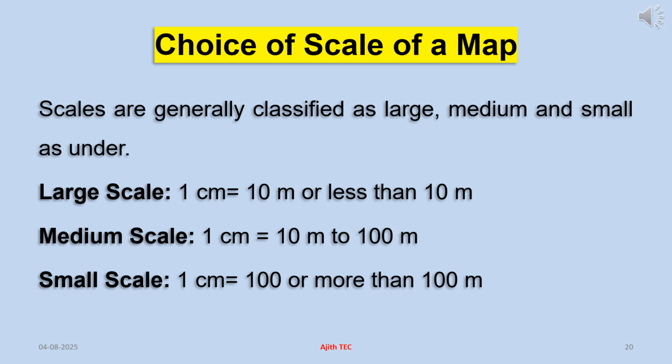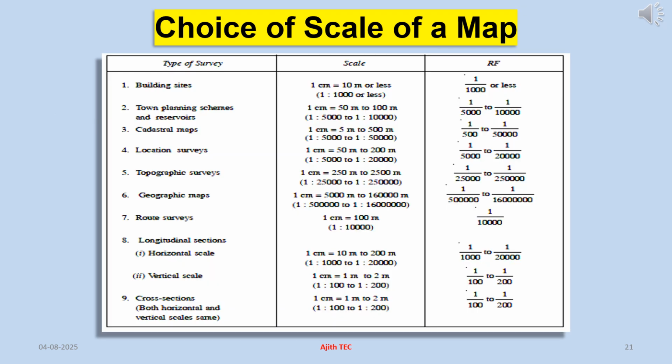Large scale: 1 cm equals 10 meters or less than 10 meters. Medium scale: 1 cm equals 10 meters to 100 meters. Small scale: 1 centimeter equals 100 or more than 100 meters. This chart illustrates normally used scales for various types of survey plans and maps, with relevant representative fraction depending on project or public use.